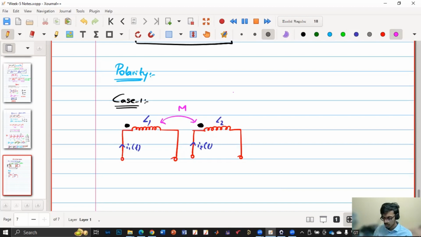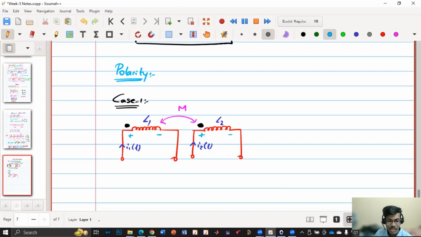The very basic thing is, let us not go into the mutual inductance first. We'll get L1 di/dt. So if the current is flowing like this, we know the positive sign will be here, minus here, plus here, minus here. The logic is very simple.